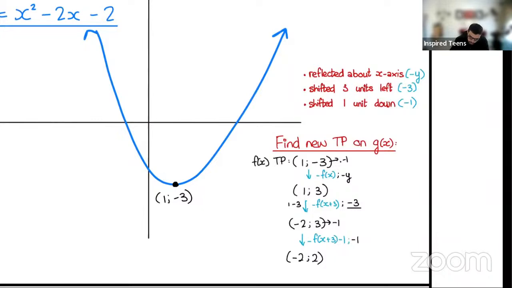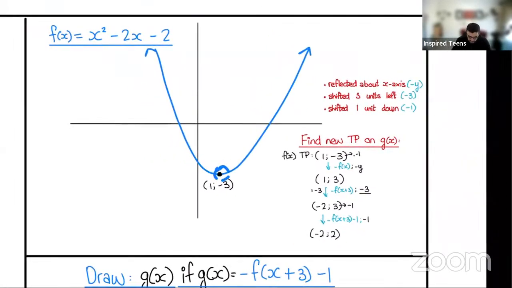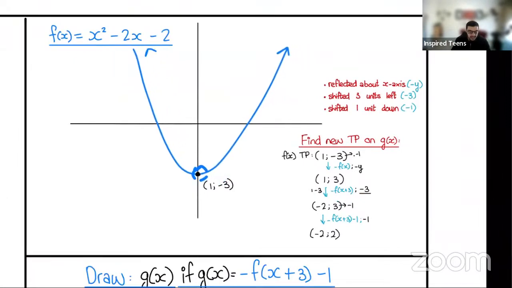And by the way, you could do these steps for any coordinate. It doesn't have to be the turning point. You can do this chain of logic for any coordinate. Each and every coordinate. So if I want to take this graph and shift it 1 unit to the left, done. Each and every coordinate that was on this graph now has an x coordinate 1 less than it was. Each and every coordinate has shifted exactly 1 unit left.